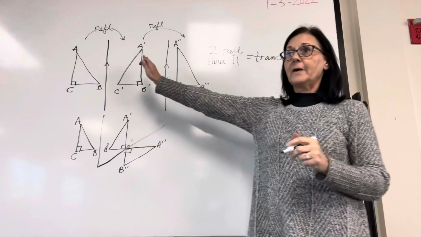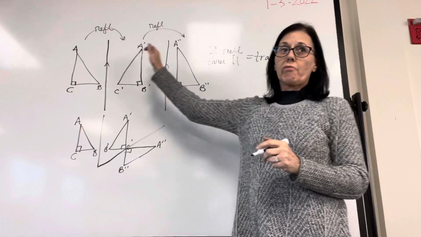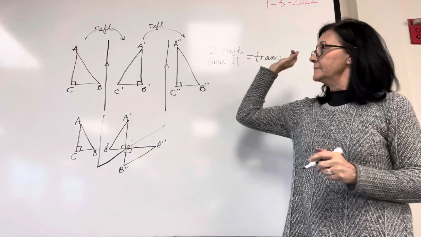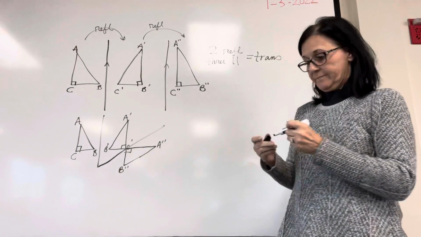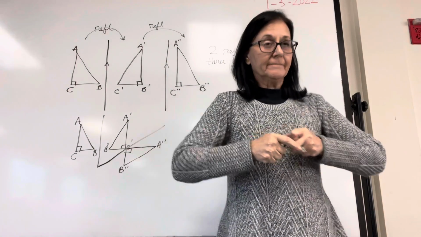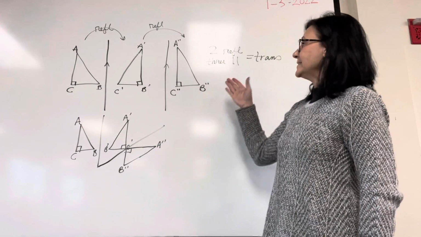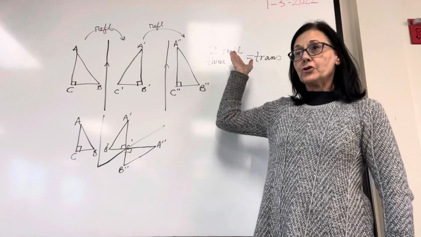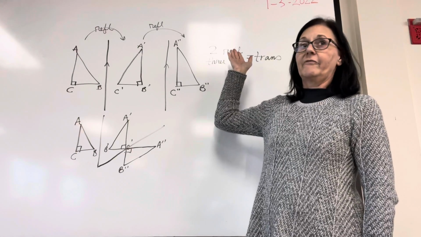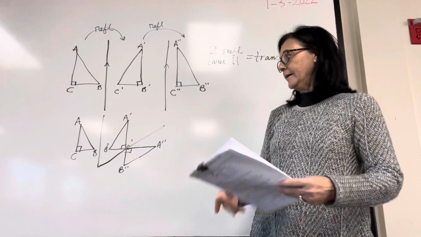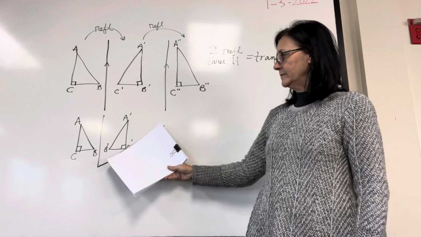Two reflections through parallel lines equals a translation. Okay. All right, lines have to be parallel. So what's composition? That means two of these reflections.